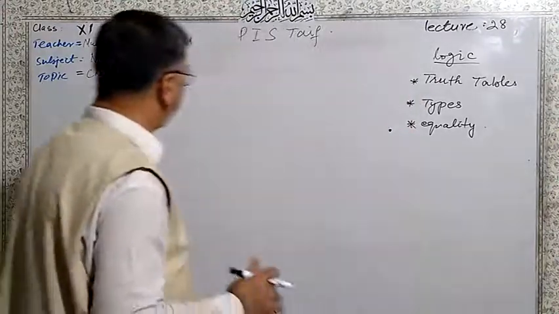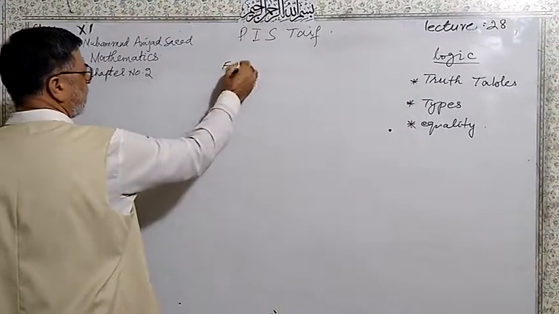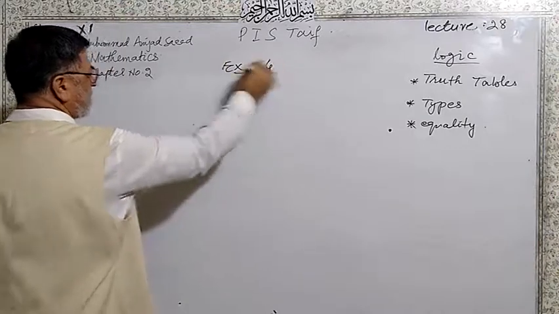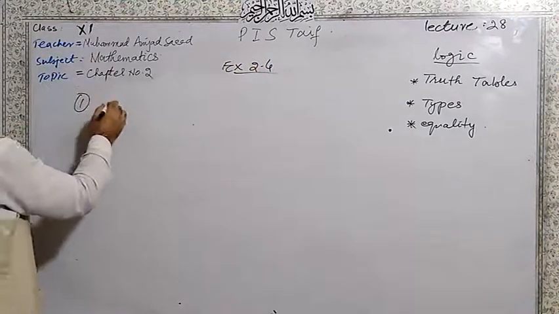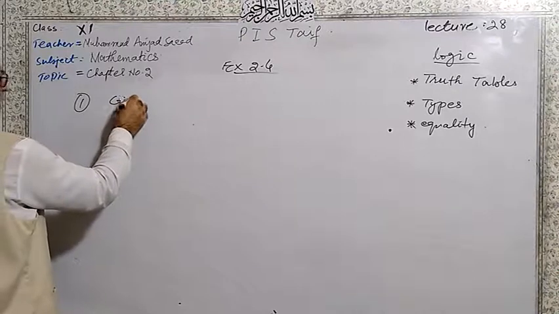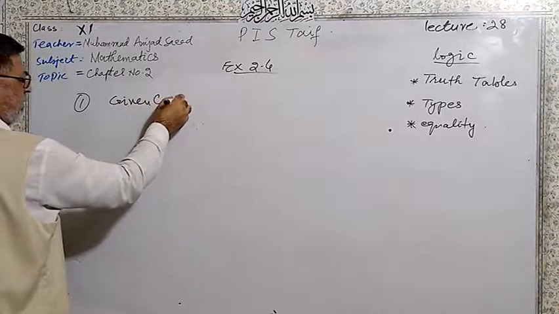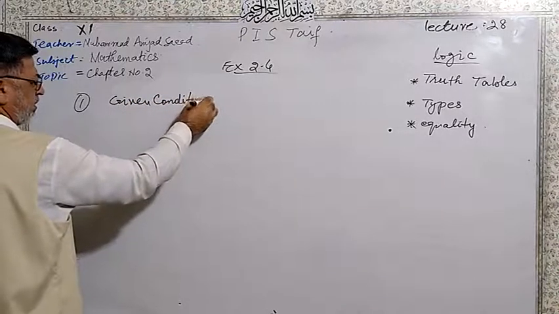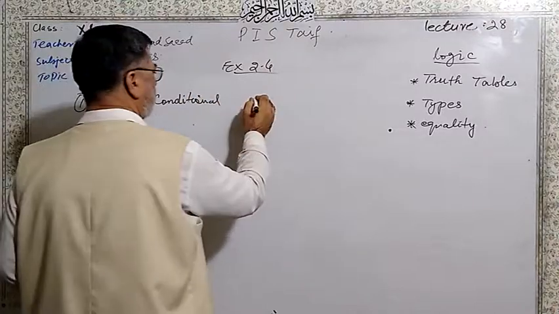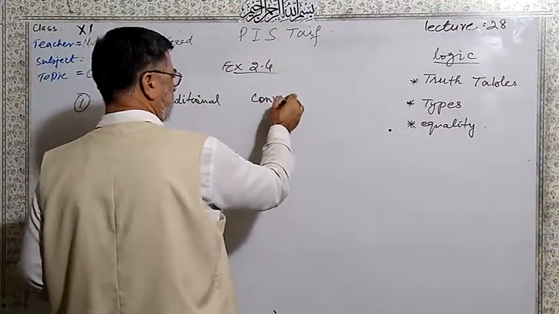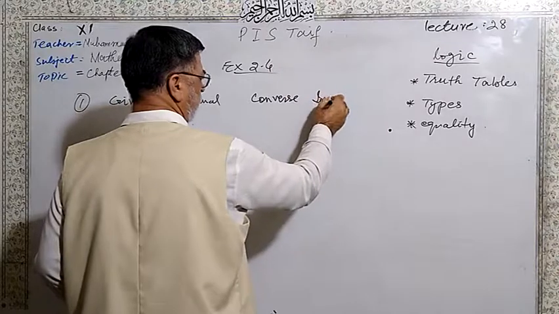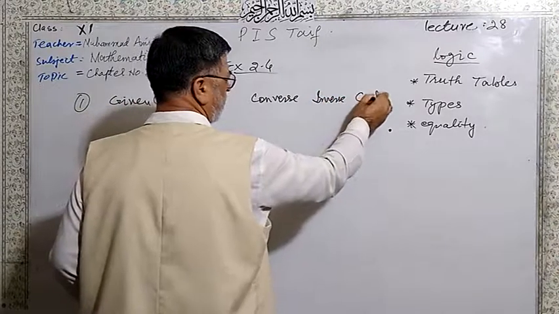Last time I told you about these things. Exercise 2.4, question number 1. Given conditionals, write the converse, inverse and contrapositive.